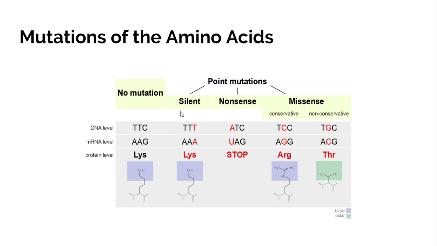So this does not make a difference. Also keep in mind that while many sequences can code for the same amino acid, one sequence, take AAG for instance, cannot code for many amino acids. So one sequence can't code for many different amino acids, but different sequences can code for the same amino acid.